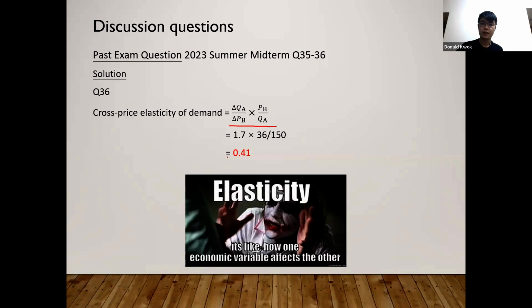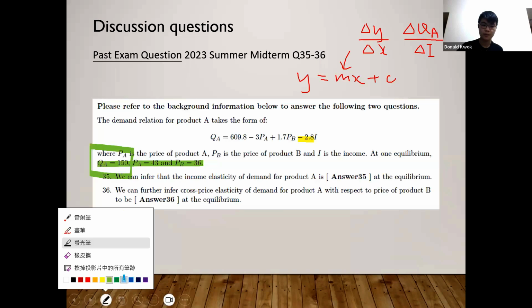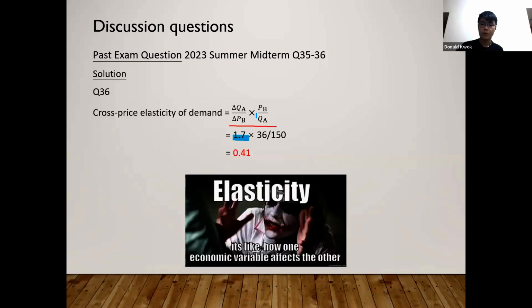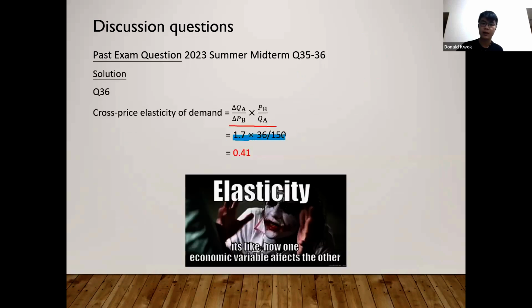For the first fraction, delta QA over delta PB, it is simply the slope coefficient in front of PB, 1.7. While for PB over QA, both are directly given, right? PB is 36, while QA is 150. So we can directly plug in the information to calculate the cross price elasticity, which is 0.41.